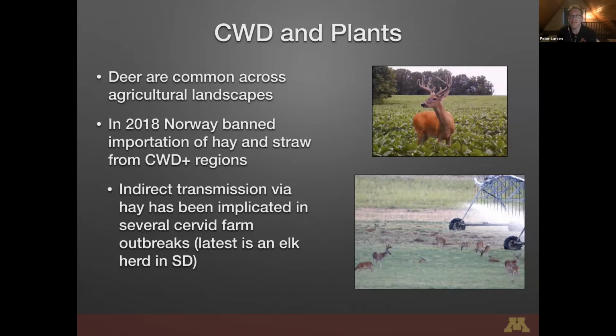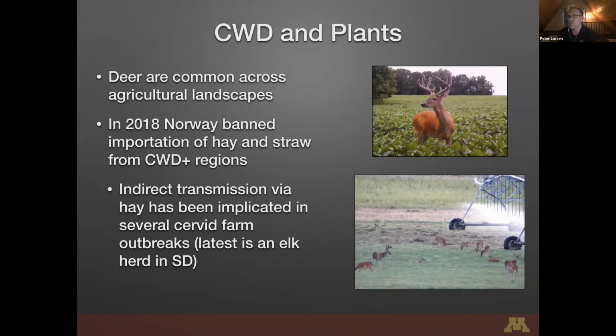And because of that paper, and because plants have been implicated in indirect CWD transmission, in 2018, Norway actually banned the importation of hay and straw from CWD positive regions.